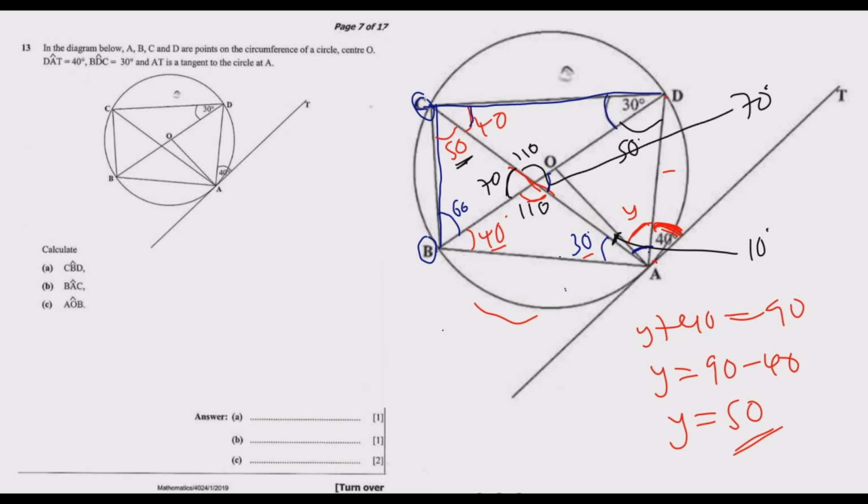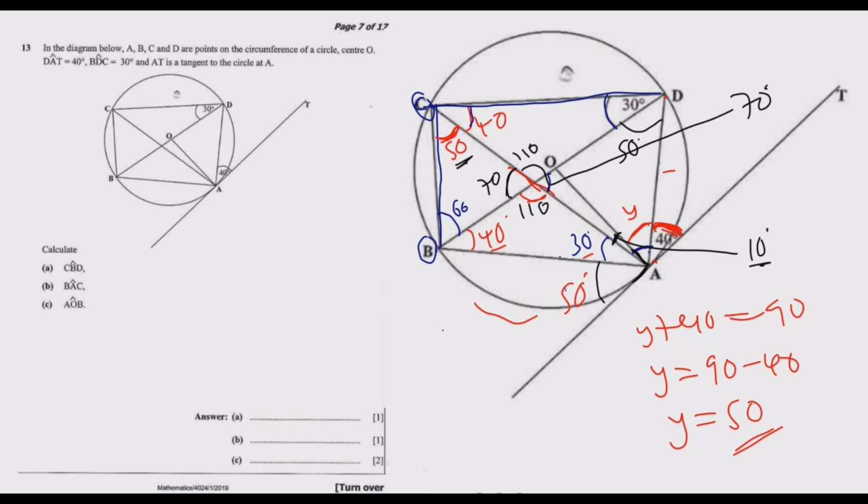Actually, we could also answer this angle here, because we know this is 90 degrees, the small angle is 10 degrees, and this is 30. So 10 plus 30 is 40, then 40 from 90. This whole angle is 50 degrees, which agrees with the angle in the alternate segment, which is this 50. So we've answered everything.